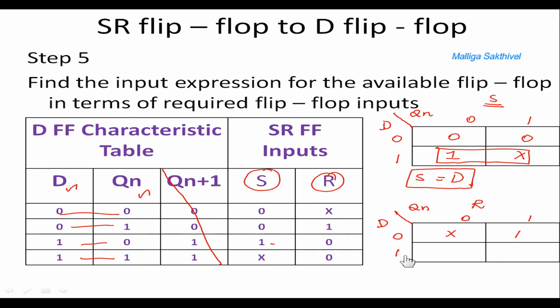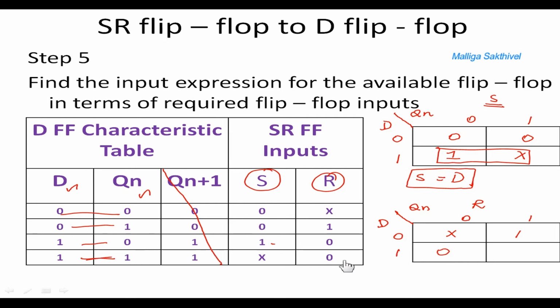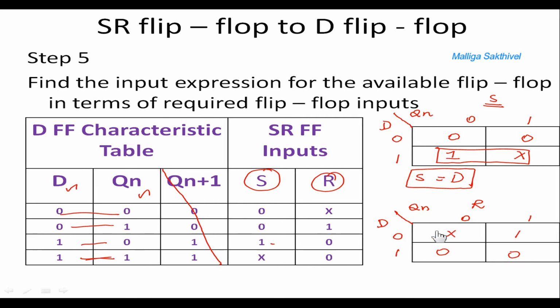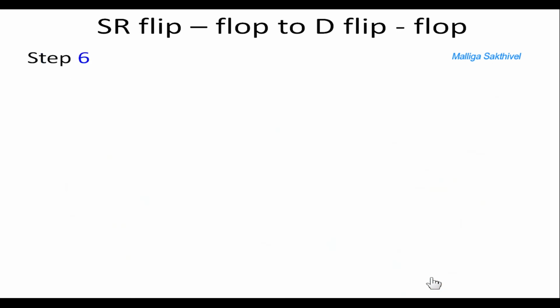For 1 0, our R is 0, and for 1 1, our R is 0, right? Now we are grouping these two. Now the expression for R: here Qn is changing, and here we have D complement. So now we have found the input expressions for S and R. S is D and R is D complement.